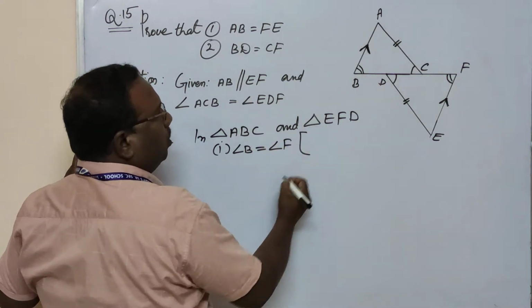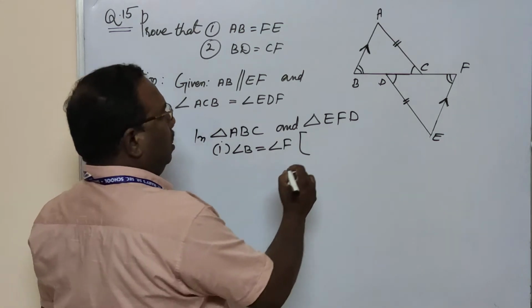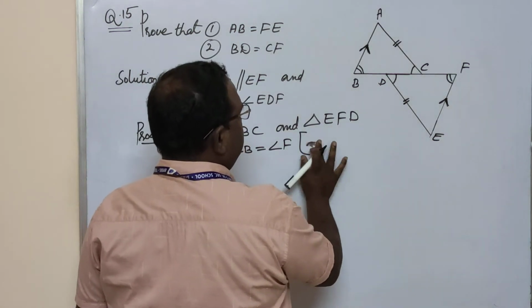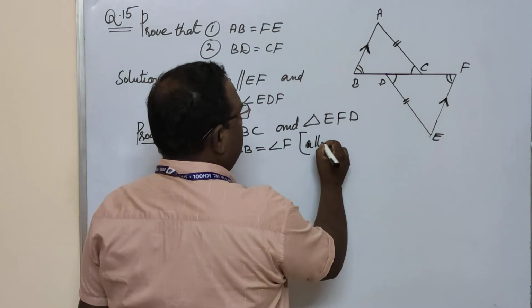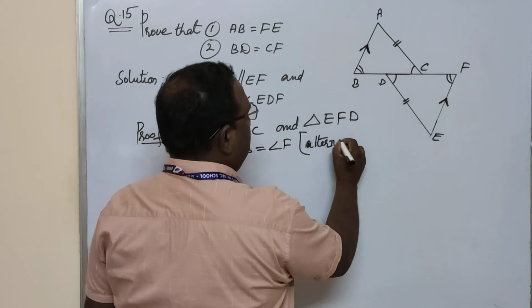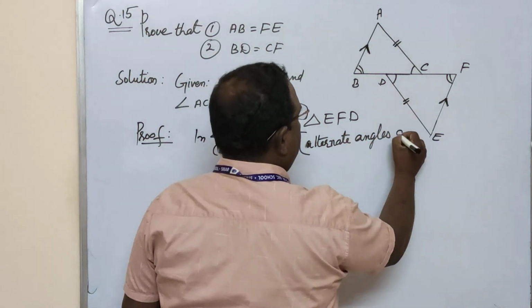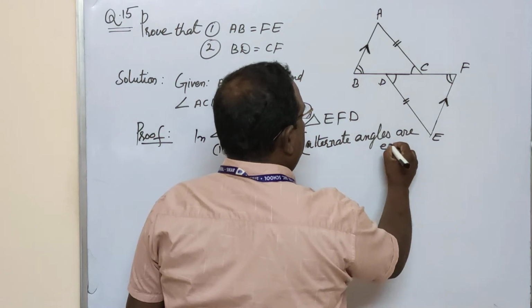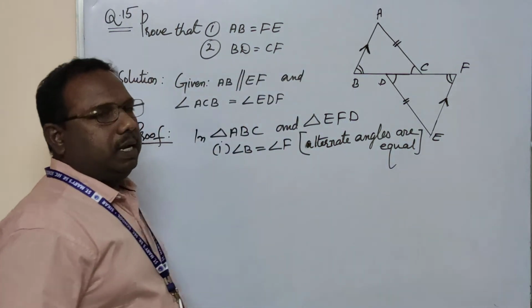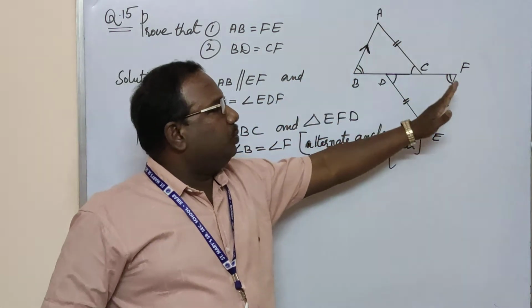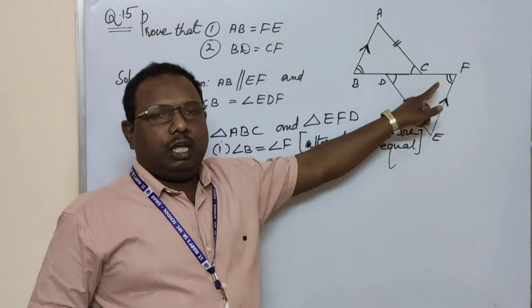What reason will you write? Alternate angles are equal. As I told you earlier, AB is parallel to EF, therefore alternate angles are equal.